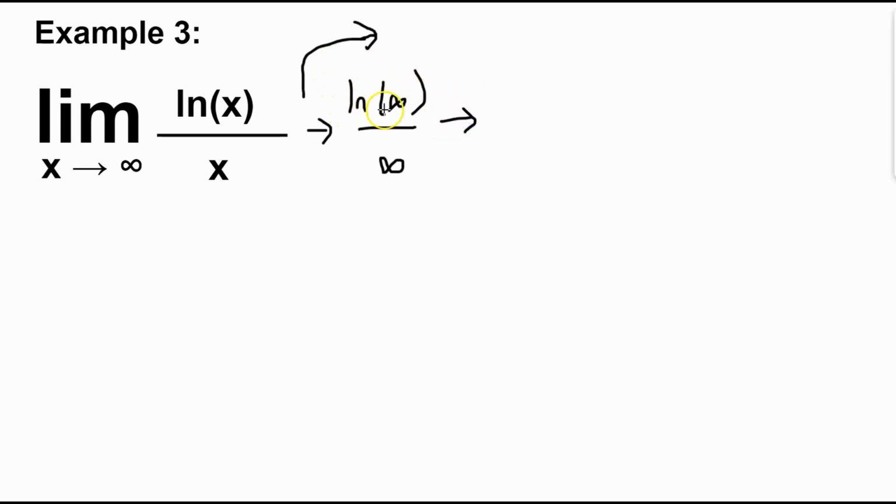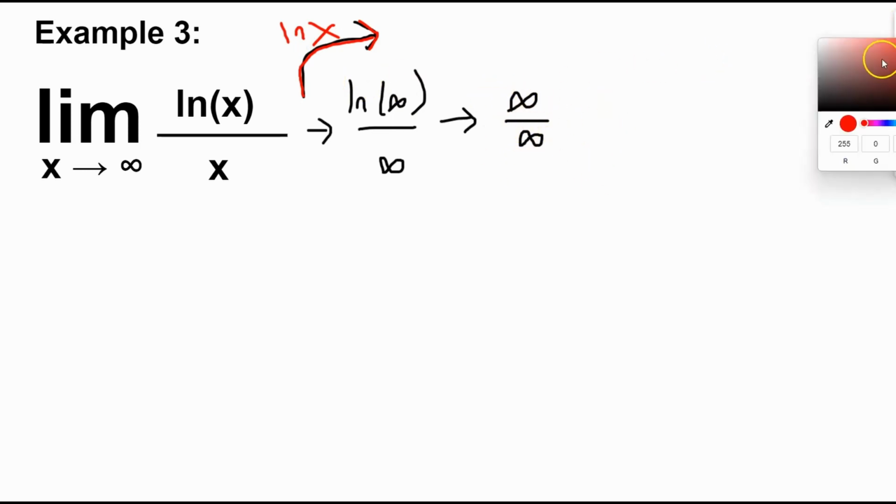So if we're taking ln of infinity, that would just be infinity. So we have infinity over infinity. And I should probably color this arrow differently because this might be a little confusing. So yeah, this is supposed to be the graph of ln of x. So yeah, we got infinity over infinity, which means that L'Hopital's rule is applicable in this case.